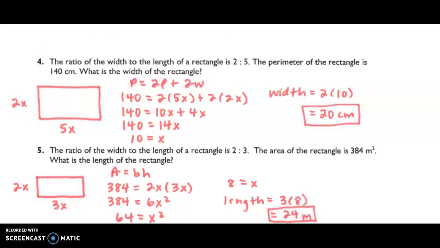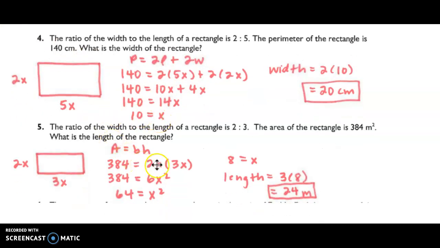And for this one, I mainly wanted to focus on number, well, I guess both, but for 5, right? And these ratio problems, so here, the ratio of the width to the length of a rectangle is 2 to 3. So we don't know what the actual measurements are, but we know the ratio is 2 to 3, right? But since we don't know, right, we're going to have x be kind of the baseline here.